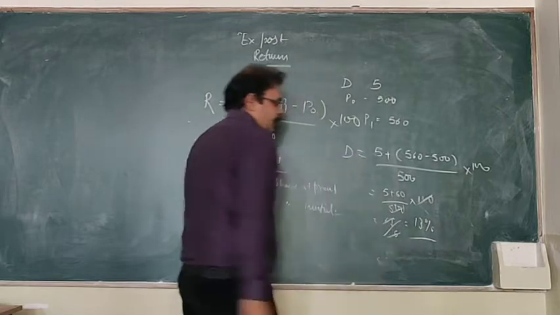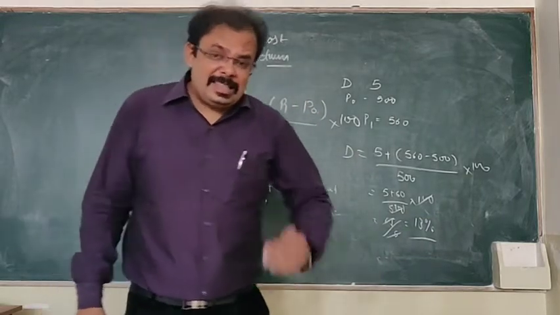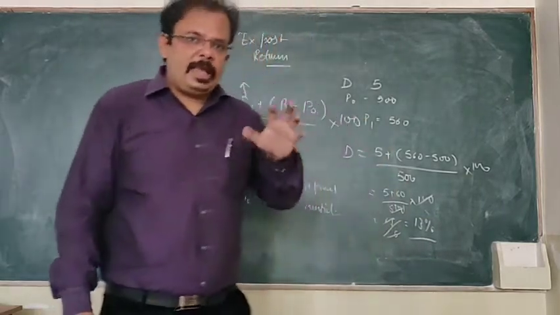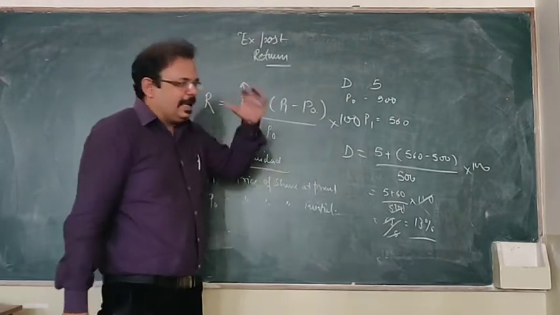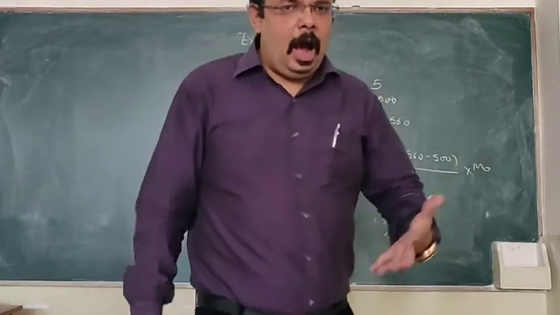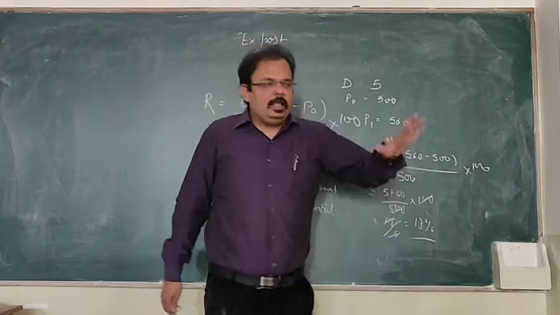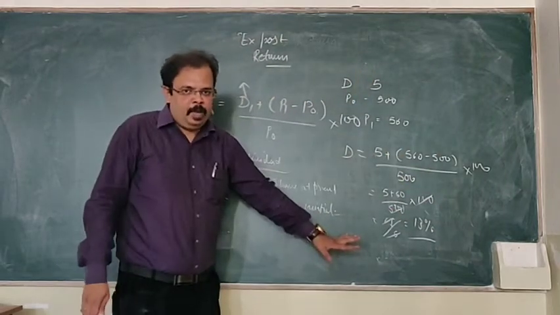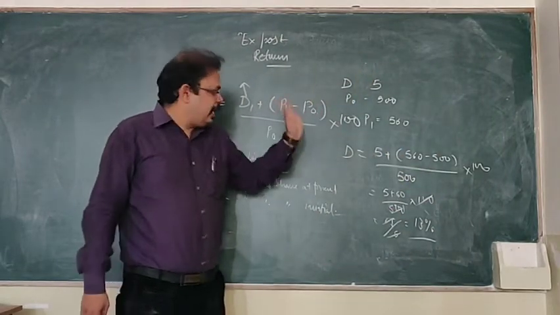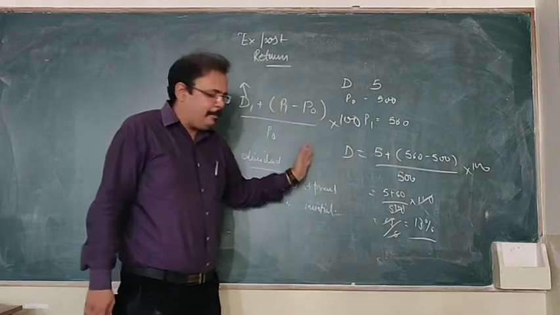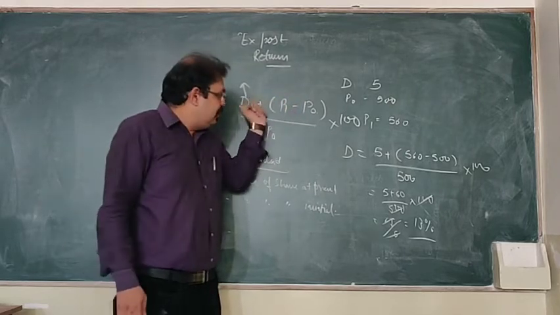That is the return. So the return on this security is 13%. This tells how much you earn from this security. This is the first example, in which the dividend, P1 and P0 are given.